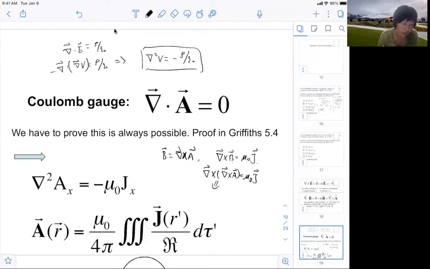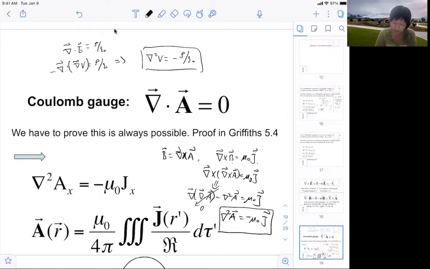This becomes the gradient of a divergence minus the Laplacian of A. Now since we chose the Coulomb gauge, just for convenience, we can get rid of this first term, so that you end up with the differential equation that the Laplacian of A is negative mu naught J. So given any source distribution, any current density, you can find your potential. And further, you can find your B field from that potential.